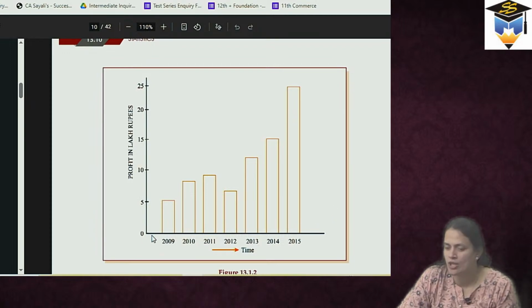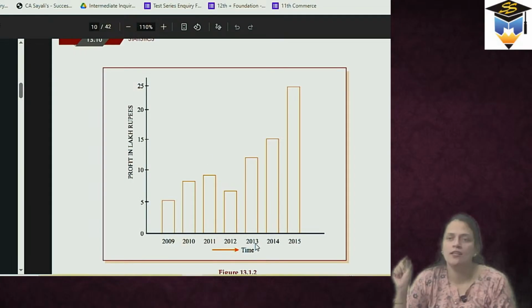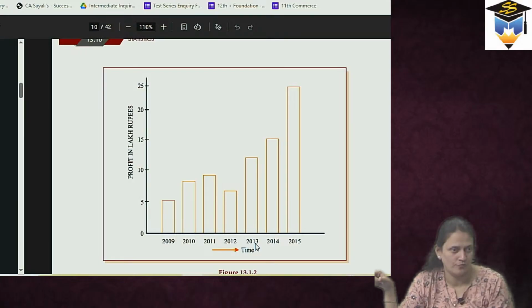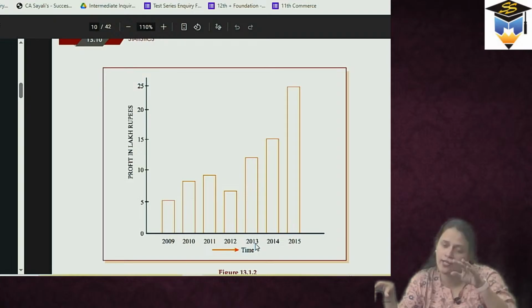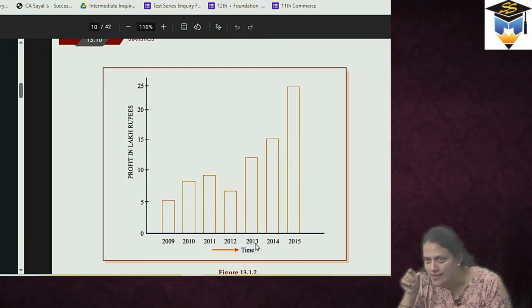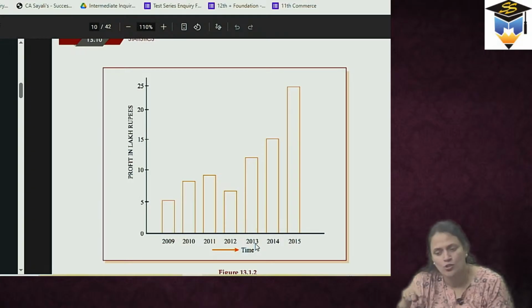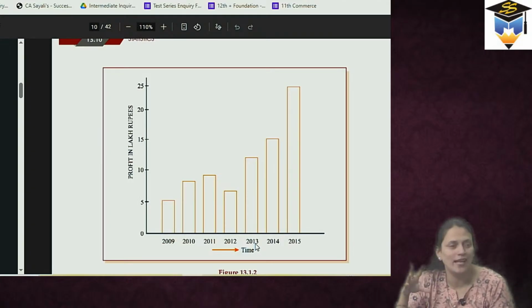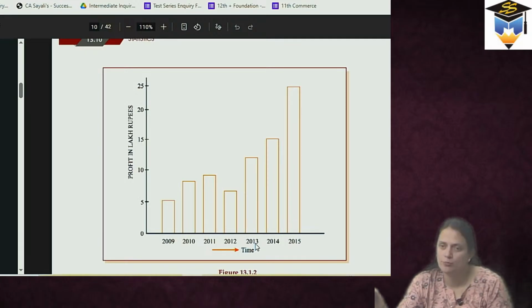So suppose this is your x-axis and this is your y-axis. On x-axis, what is mentioned? The years are given to you on x-axis, and on y-axis क्या बोला है? Profit in lakh rupees. So depending upon x-axis, only y-axis is going to differ, isn't it? अब मुझे बताओ, when we want to see the profit in lakh, is there any relation कि कौन से year में कितना profit हुआ है?